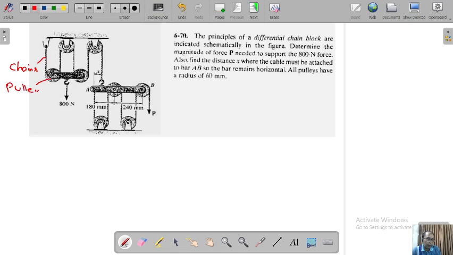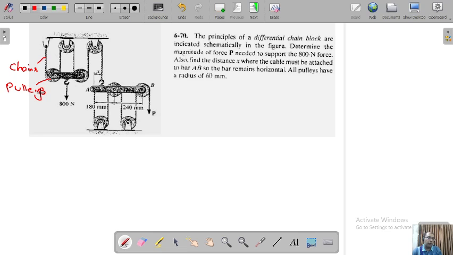So this is a chain and pulley arrangement that they have given us, and we will assume that there is no friction at the pulleys and the mass of the pulleys is neglected. These are the assumptions that you have to make before solving this machine problem, okay.